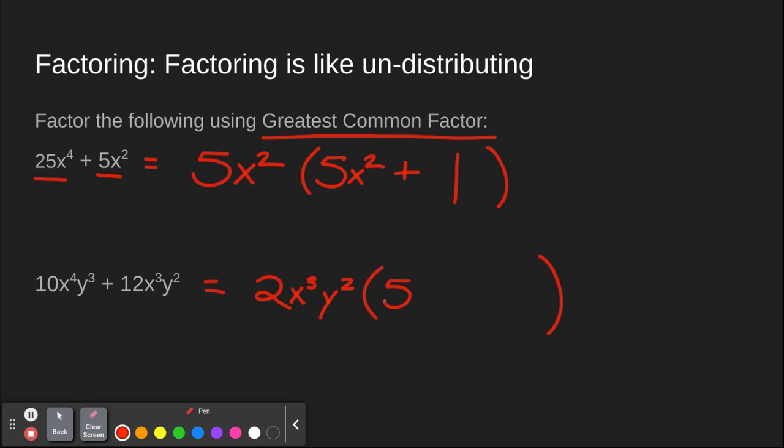X to the third times what is x to the fourth? X to the first. If you just had x, then you're doing it better than I am. That's the better way to do it. But I just don't want to confuse anybody. And then we do have a y left. Okay? Correct? All right, now, over here is going to be a 6. And then that's it. Right?